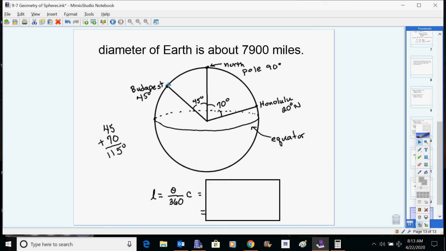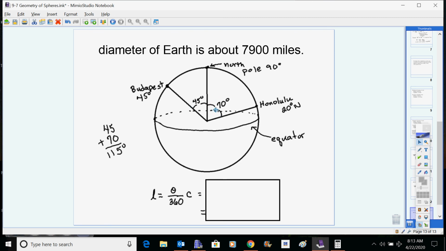And that 115 degrees is important because I need to find the arc length. Remember, arc length is different than the measure of the central angle. We're bouncing back to that from the other chapter. So we find the number of degrees between them. You can make a quick drawing of a circle to help you do that.